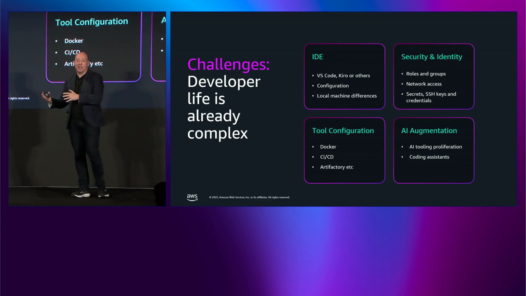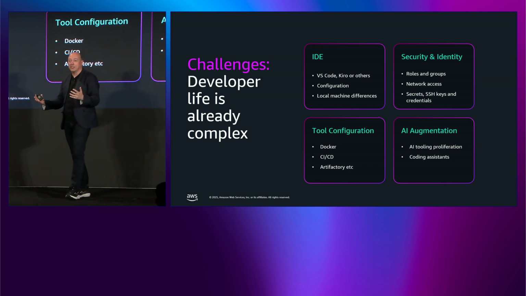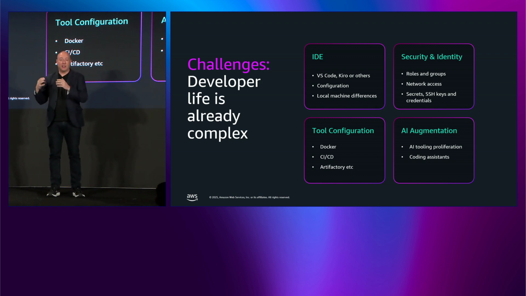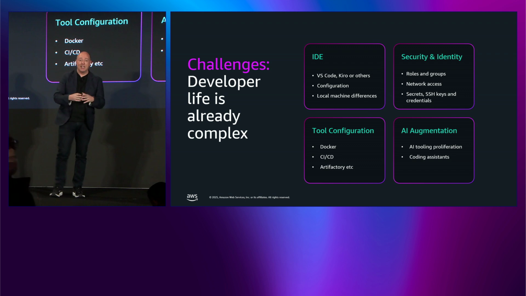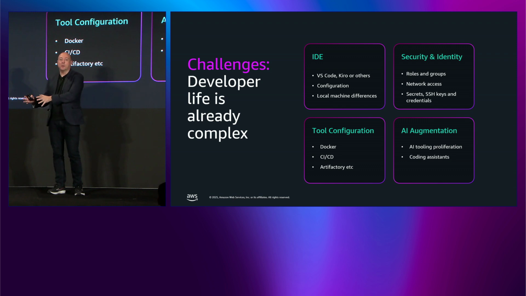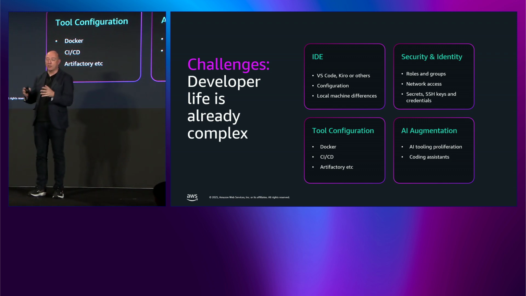You start thinking about enterprises where they've got multiple identities across different clouds, technologies, all those sorts of things. They've got network access to understand, so they might need to connect to the development databases. Then they've got to manage their secrets, so SSH keys to access different environments. They've also got a bunch of tools on their desktop that they'll need to interact with. So Docker is obviously very front of mind.